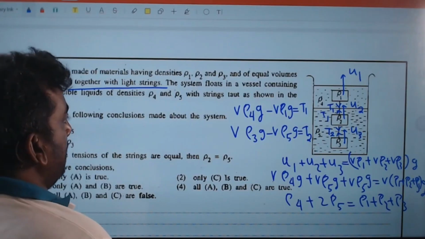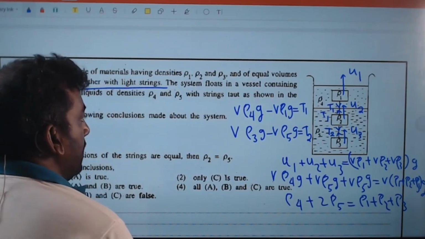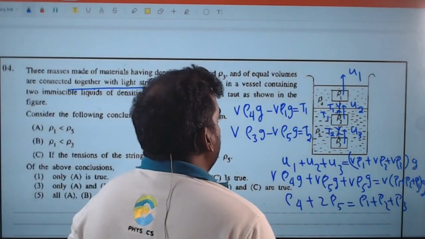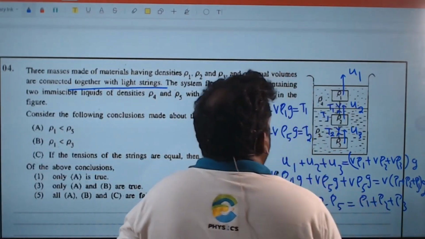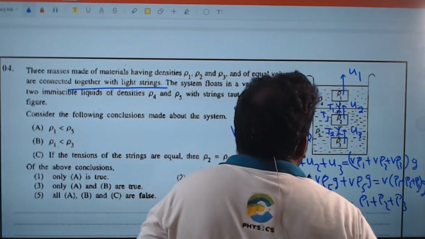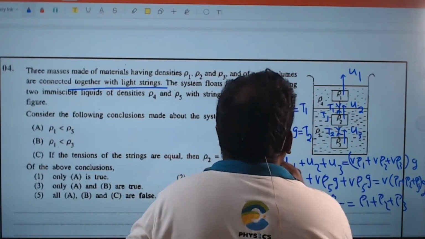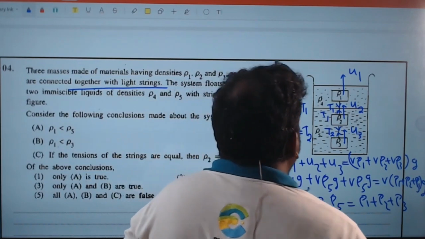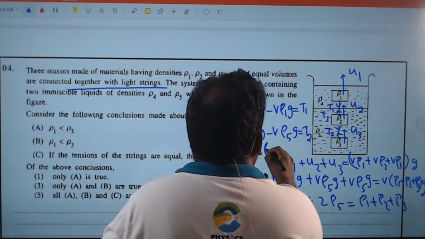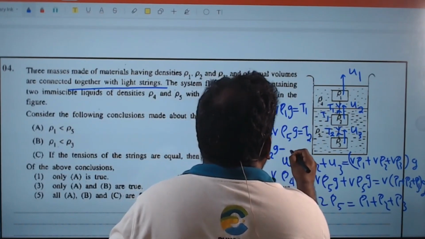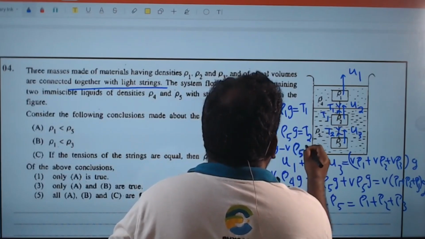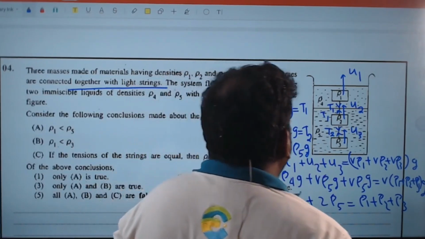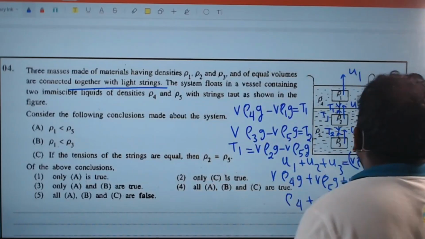Here separately you can write T1 equals V ρ2 G minus V ρ5 G, T1. This one.